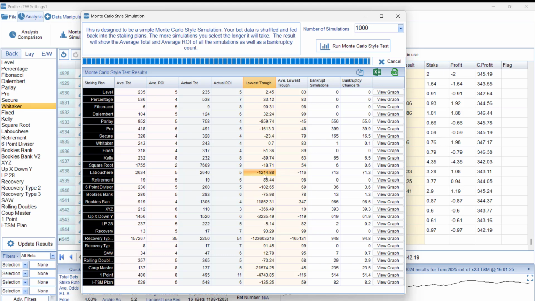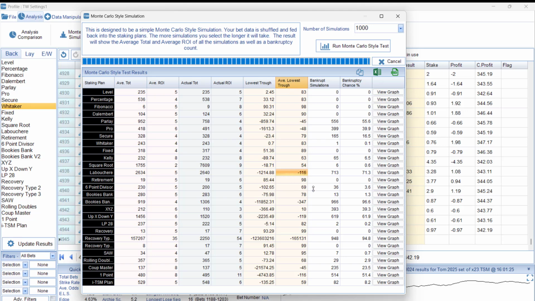So the bank needed refilling 12 times on its journey to a high level of profit, but it needed a lot of refilling there. And the average lowest trough it had was minus 116. So it was a very lucky run that got it just a minus 30 points.